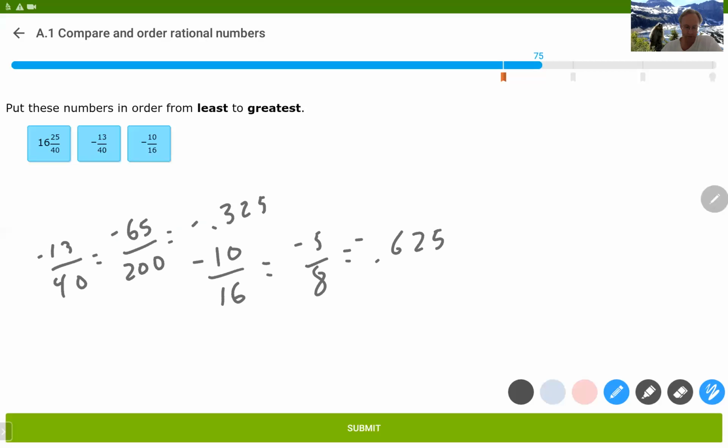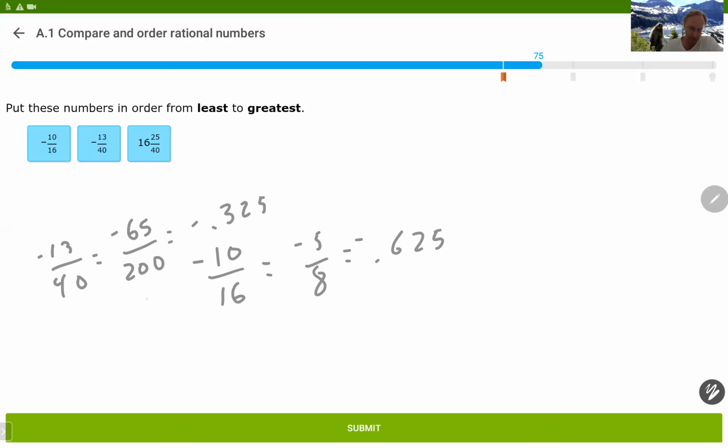So it definitely looks like they are in the wrong order. I need to turn them around. So it looks like we've got negative 0.625 first, then my negative 0.325, and then my 16 and 25 40ths.